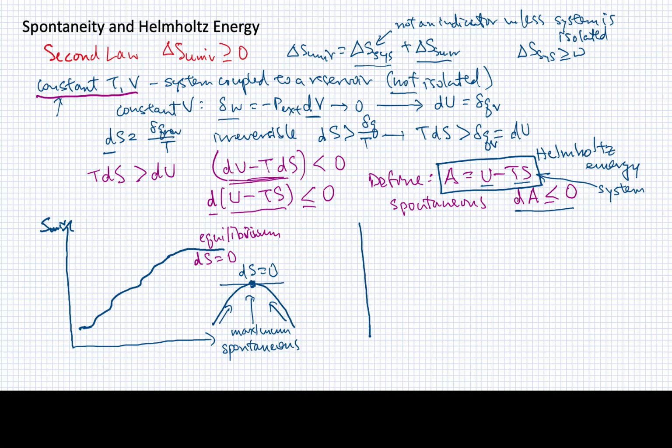Well, it's going to be in some sense just the opposite, and it also is going to apply only to a quantity that we measure for the system. So now I'll have the Helmholtz energy for the system, and its change always is going to be less than 0.